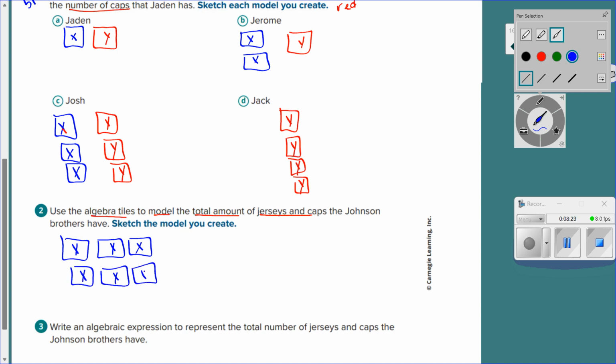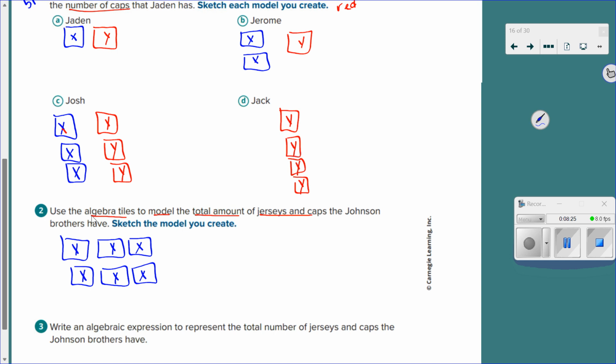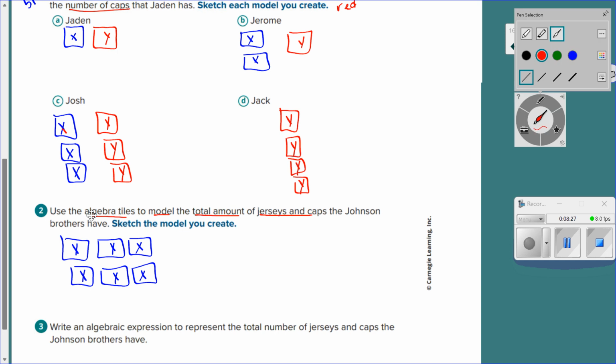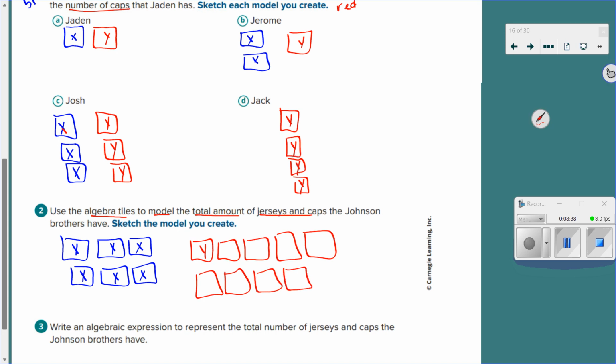And how many jerseys? How many Y's? 9. That makes sense. You understand where those tiles came from then?